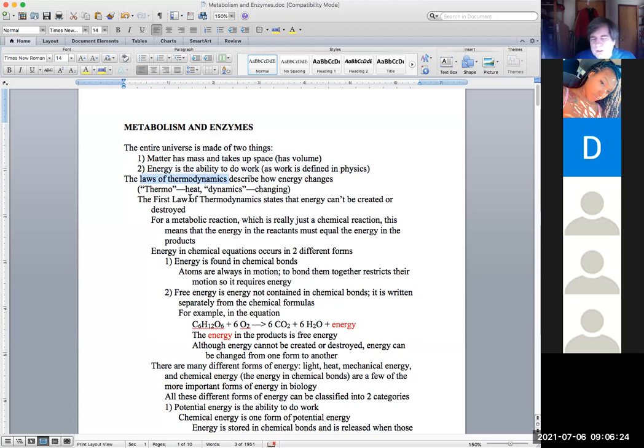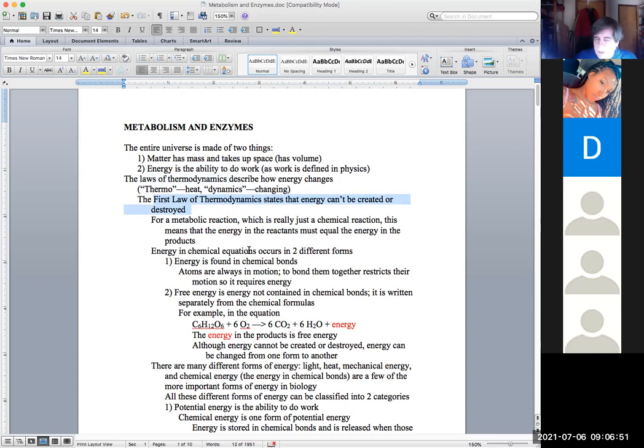Thermo really refers to heat, but in this sense, it's used more generally to mean any form of energy. Heat is one form of energy. So the first law of thermodynamics is what we talked about when we discussed chemistry. Energy can't be created and it can't be destroyed. The energy that we have in the reactants has to be the same amount of energy that we have in the products.